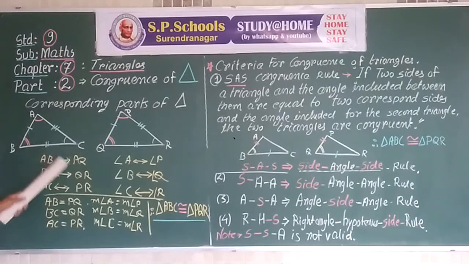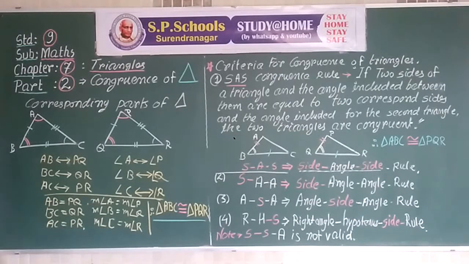This correspondence is very important, and equality of measures of sides, lengths of sides and measures of angles is also equal.